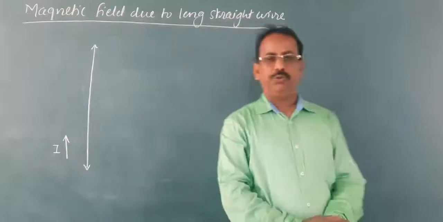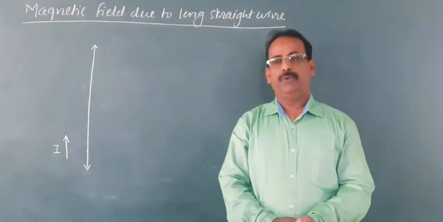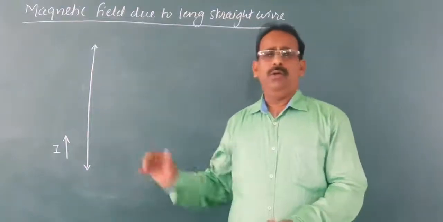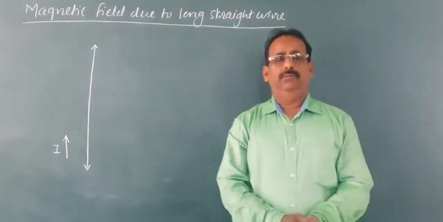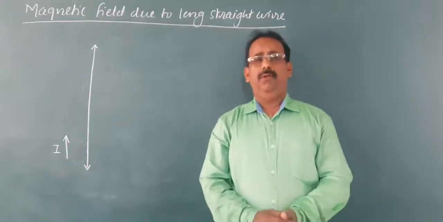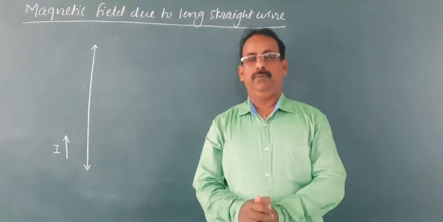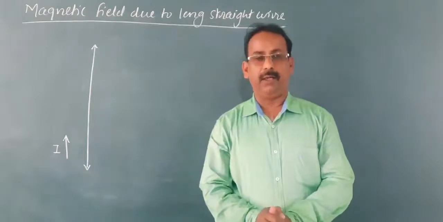This wire through which current passes produces magnetic field around it.